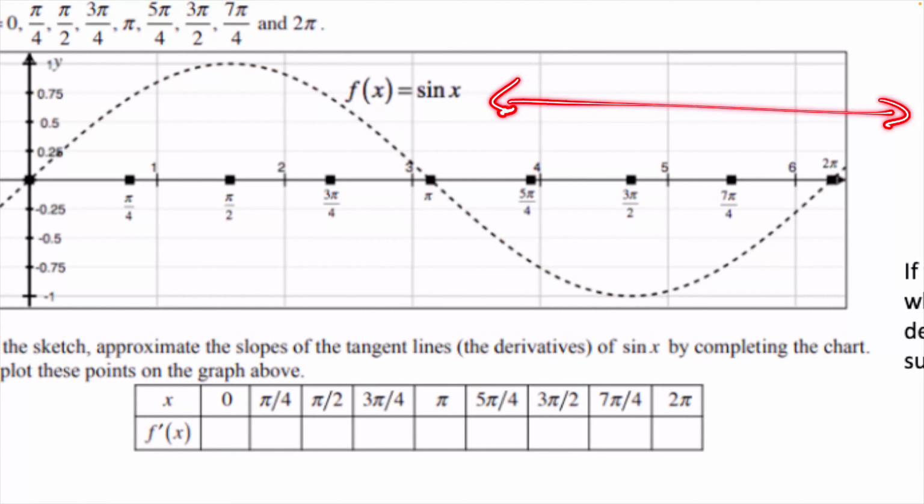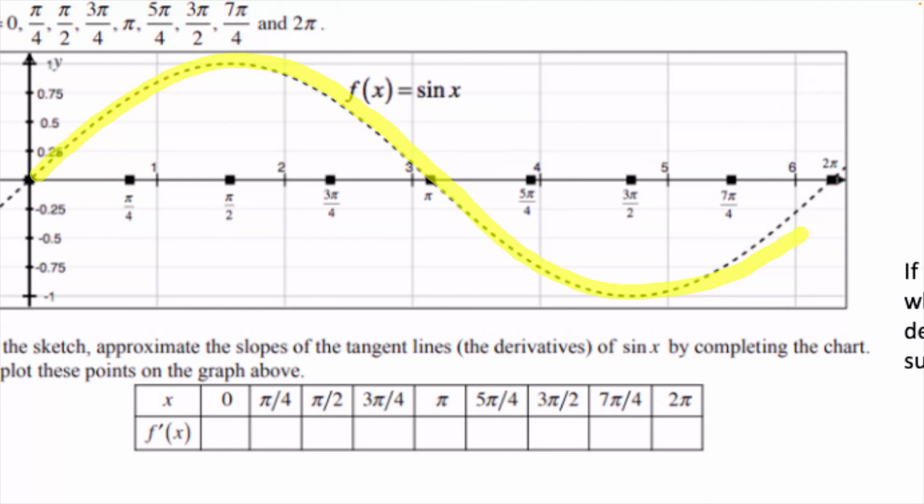I'll give you a hint. There's two spots. There's two spots from 0 to 2 pi, where if I were to hit the graph, right, because the graph is, let me highlight it. This is the part I'm looking at here. Right?